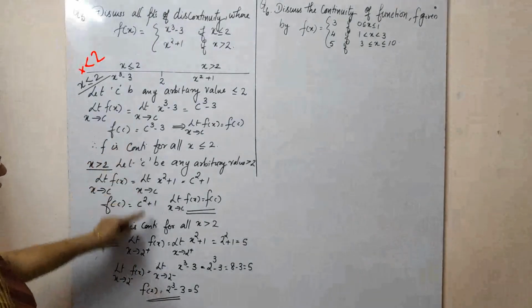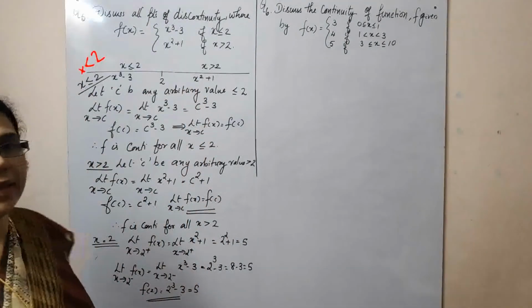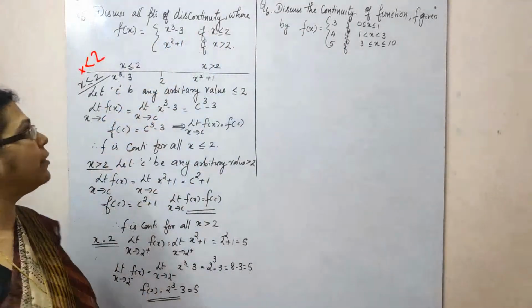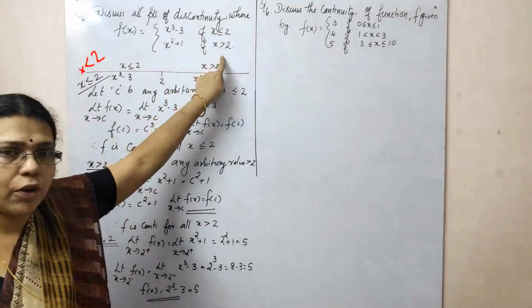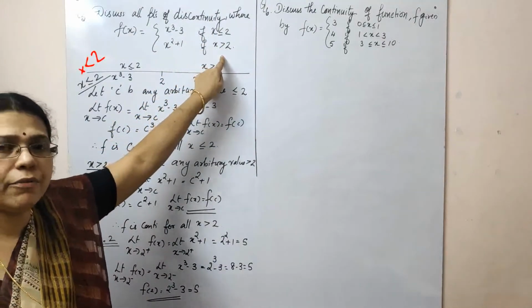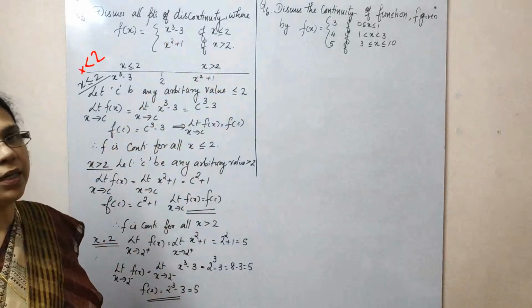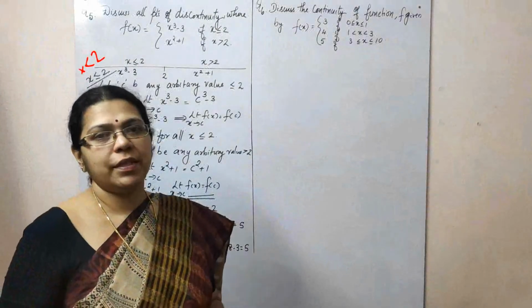Therefore, the function is continuous in the entire interval in which it is defined. For all values of x less than or equal to 2, for all values of x greater than 2, and for x is equal to 2, the function is continuous. Okay.